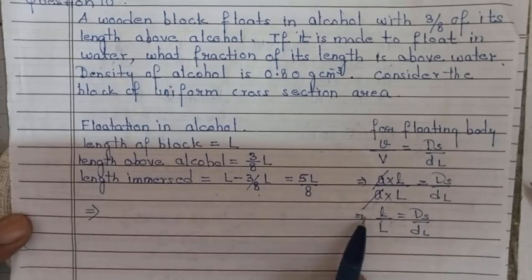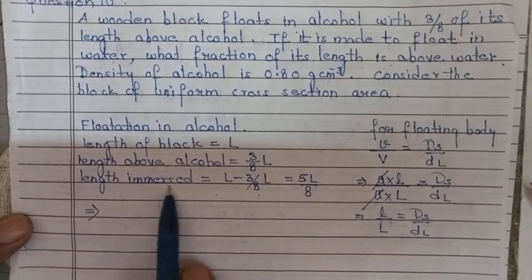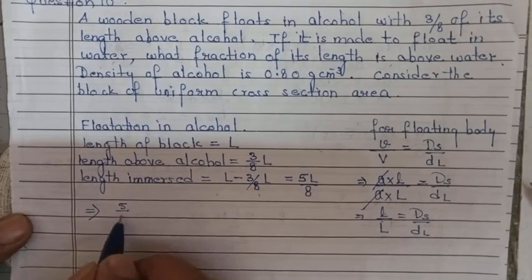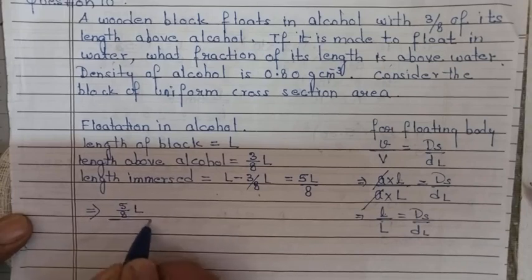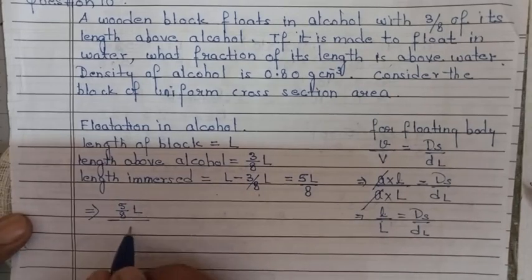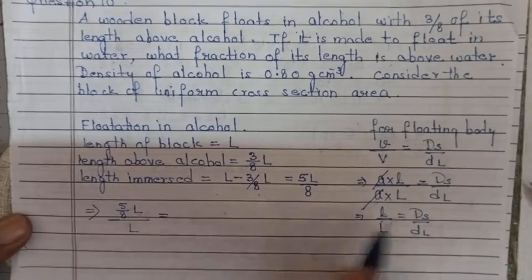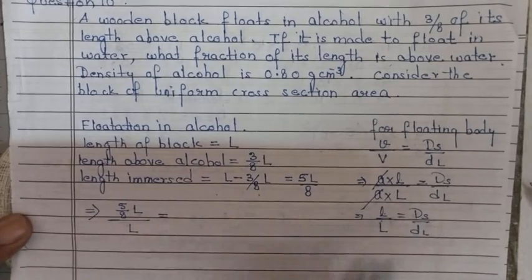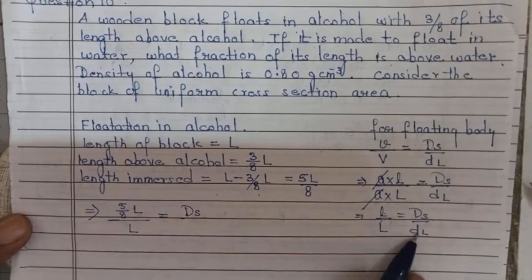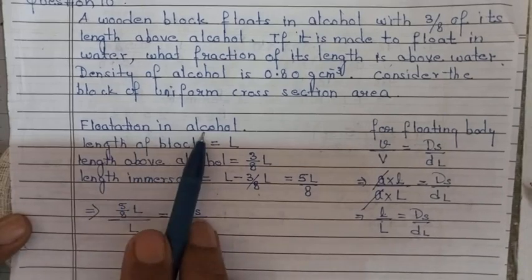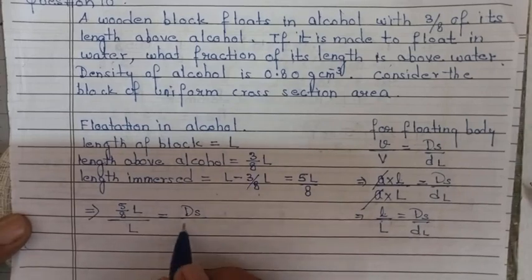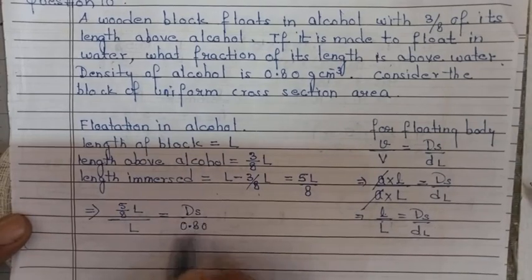So let us substitute here. We have small l, that is the length submerged. The length submerged is 5L upon 8, so it is 5 by 8 of L divided by total length, capital L, is equal to density of solid, which is not known to us, upon density of liquid. Here the liquid is alcohol, and they have given you the density of alcohol. It's 0.80.